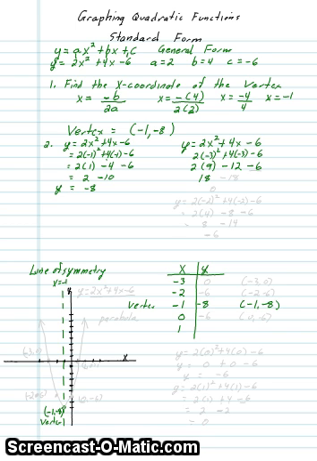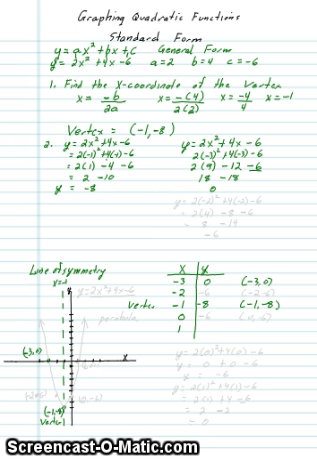So that's 18 minus 12 minus 6, and 18 minus 18 is 0. So there's a point -3, 0. Now, we can plot that. It's that point right there. -3, 0.